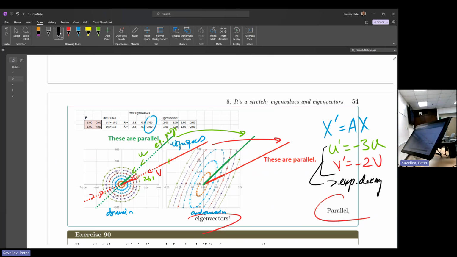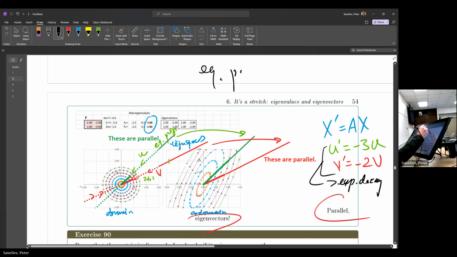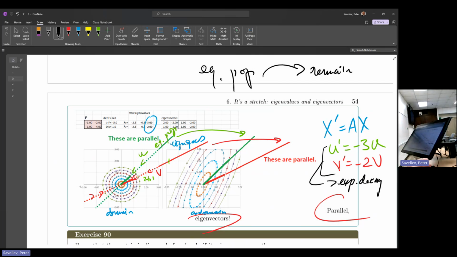So that's what's so special about these two lines: as long as you stay within them, the proportion remains the same. So for example, equal population transforms over time and remains equal proportion. That's what the result produces.